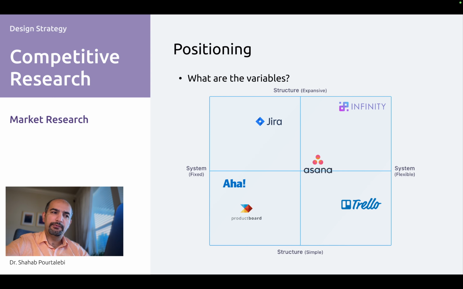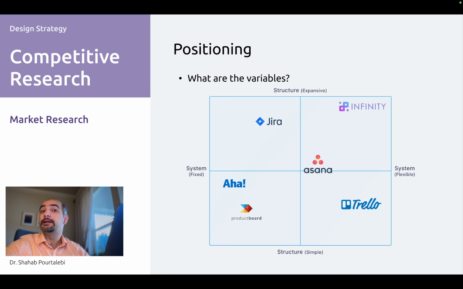We need to find out the variables or attributes that our competitors are competing on. If we have an existing product, we map ourselves there in the positioning map as well. But if we don't have a current product, we want to know what positions are taken by our competitors.